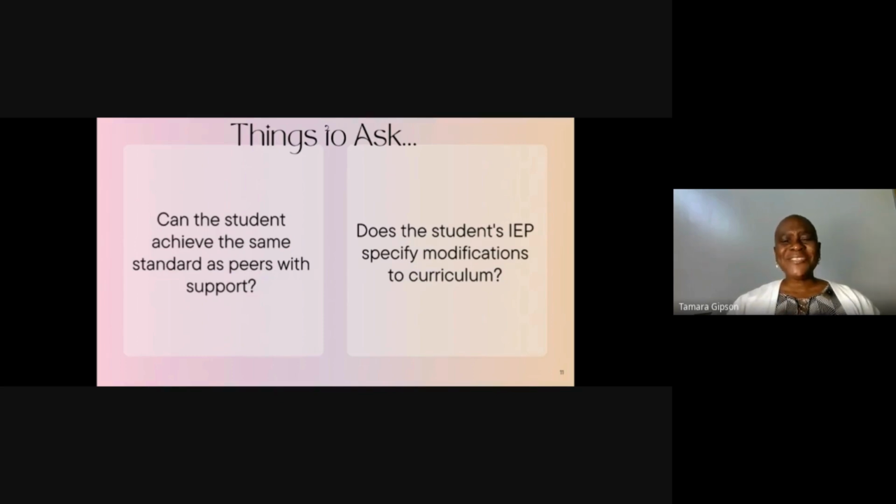Two questions I leave you with. Can the student achieve the same standards as their peers with support? And again, does the student's IEP specifically talk about modifications to the curriculum? If the answers are yes, then that means that you're allowed. If the answers are no, then we have to make certain that we're following the information.